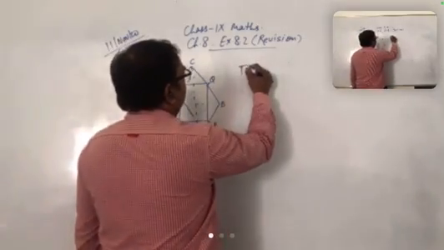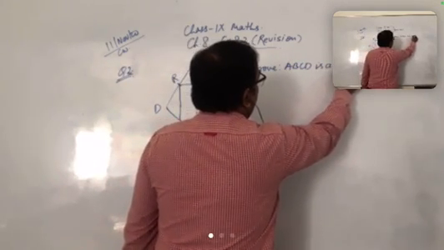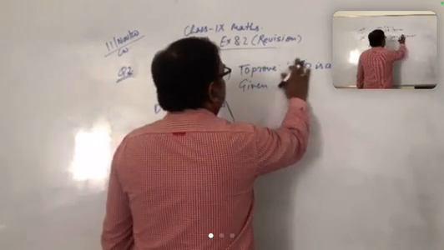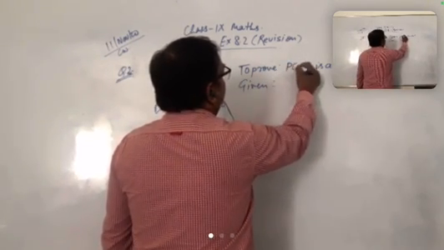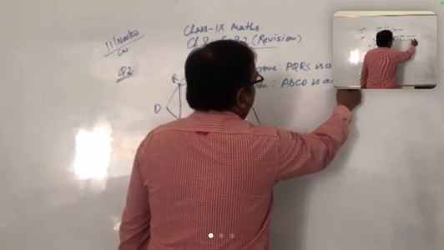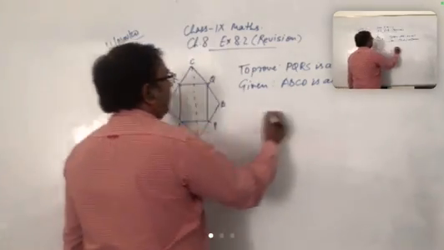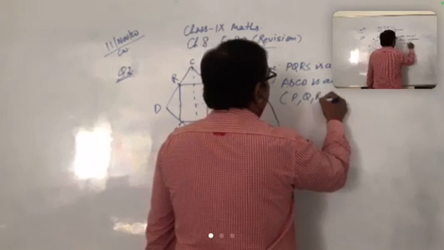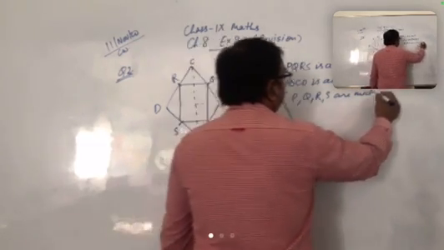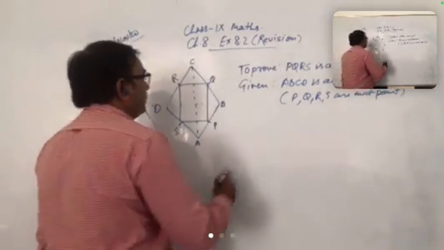So to prove PQRS is a rectangle, given ABCD is a rhombus. Okay, and P, Q, R, S are the midpoints of their respective sides. Okay, now given is this, now proof.